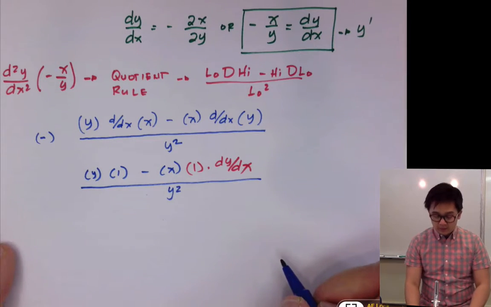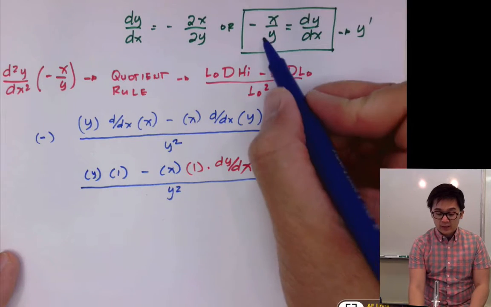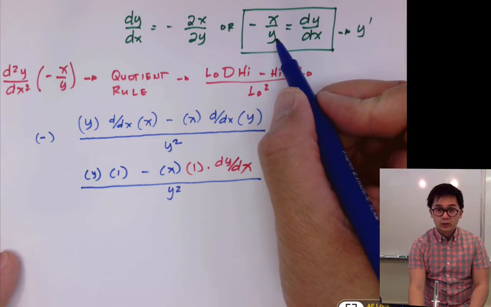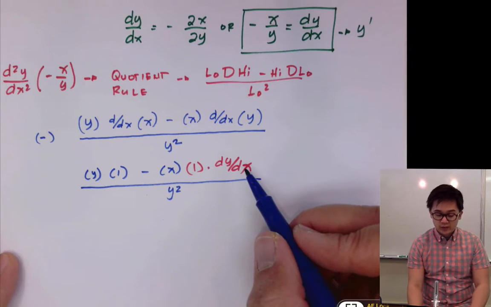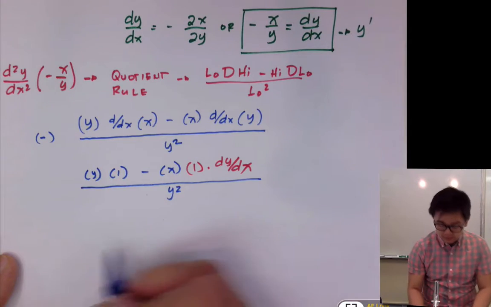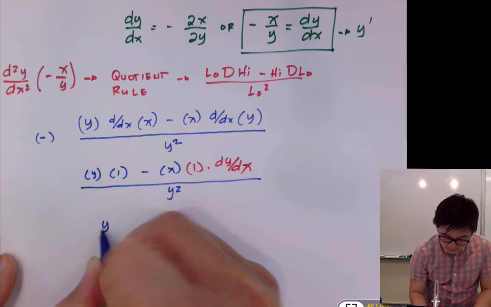And by simplifying this, we know that our function dy dx is simply negative x over y, and we're going to substitute this in our derivative function to find our second derivative. So our function will now look like this.